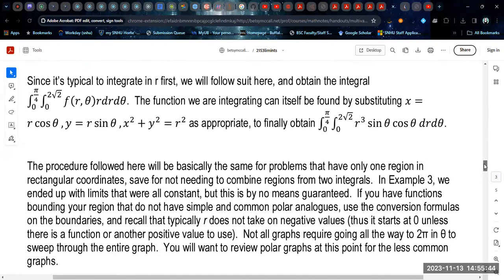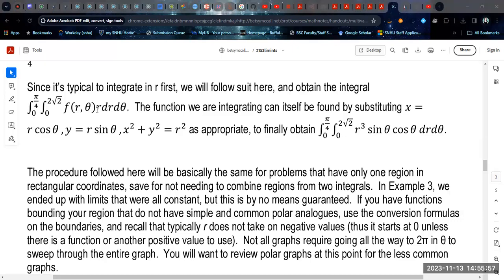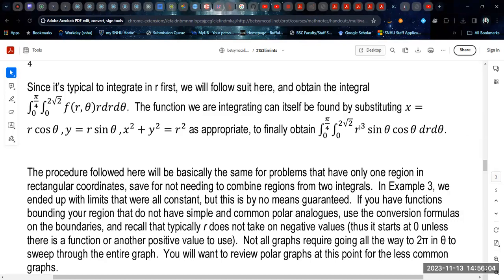So we're going to replace x with r cosine theta and y with r sine theta. And when you do that, you get r cosine theta times r sine theta times the extra r from the r dr d theta. So that's 1 r, 2 r's, 3 r's: r cubed times sine theta times cosine theta. And now we have our integral set up and ready to go for actually integrating. And we're only doing one integral and not two.